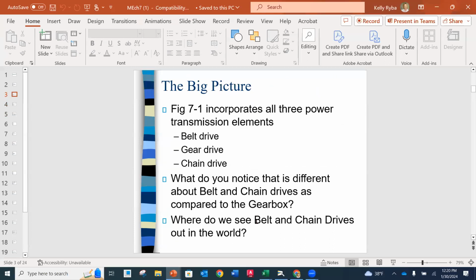I want to ask this question too. Where do you see belt and chain drives out in the world? What applications do we see belt and chain drives that you might come across, maybe not on an everyday basis, in typical applications? There's a serpentine belt in your car. Absolutely. What else? On our bike. Yes, we've got chains on our bike.